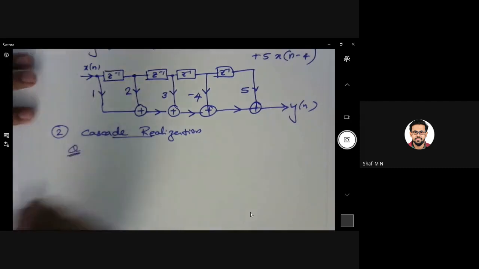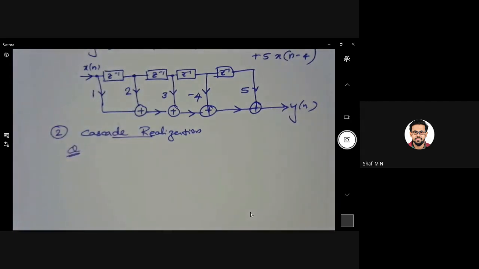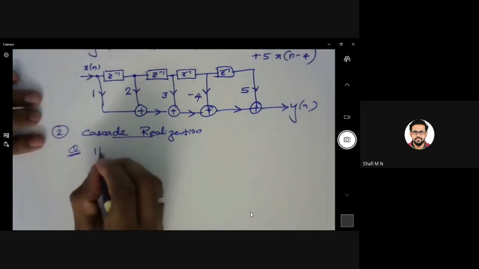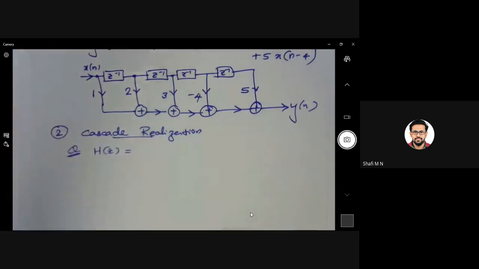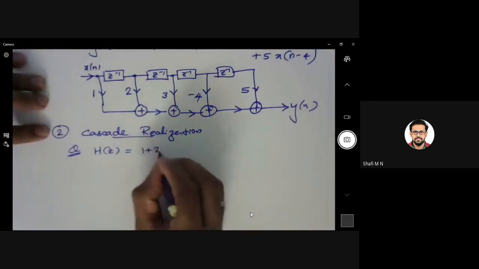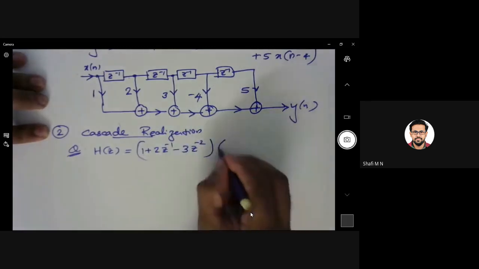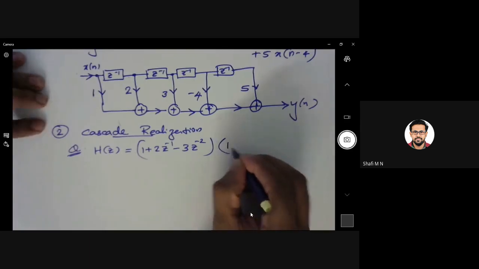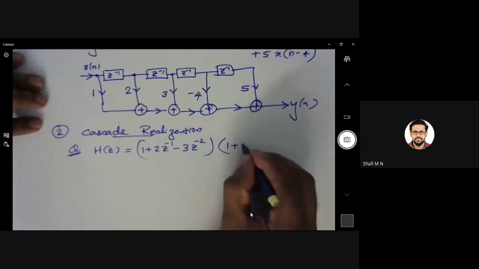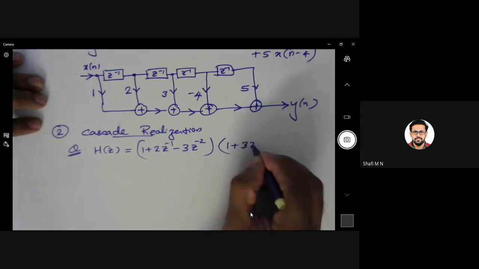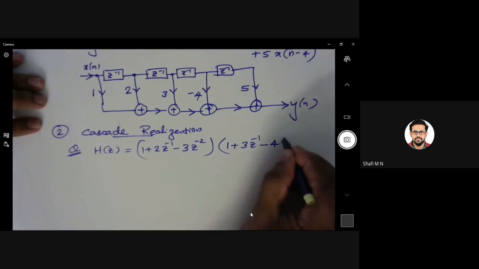Write one question: obtain the cascade realization of the system defined by the transfer function H(z) = (1 + 2z^-1 - 3z^-2)(1 + 3z^-1 - 4z^-5 - 2).